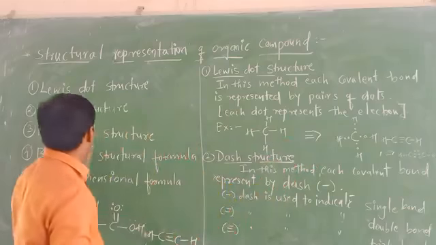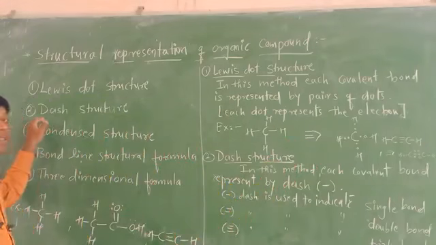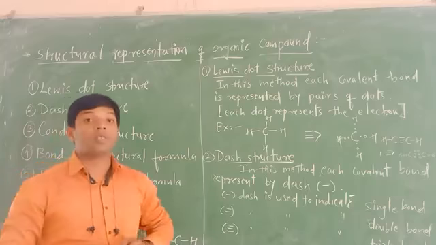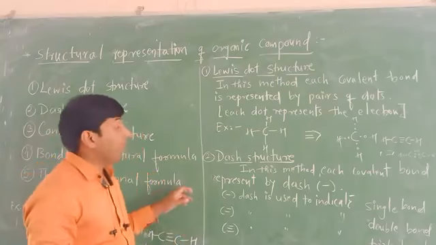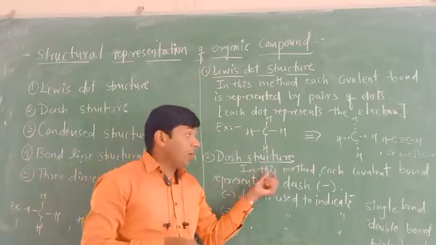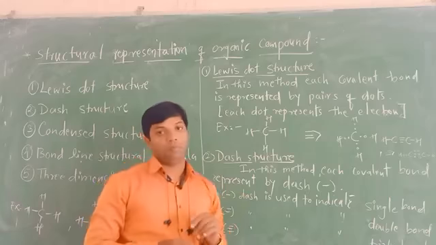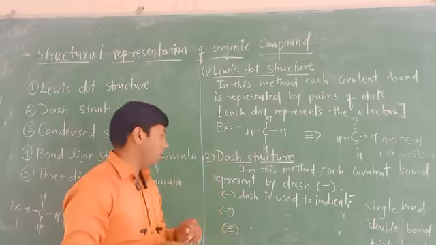Second way is called dash structural formula, also called complete structural formula. In this method, each covalent bond is represented by a dash.